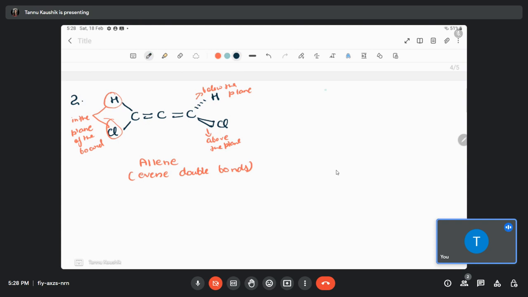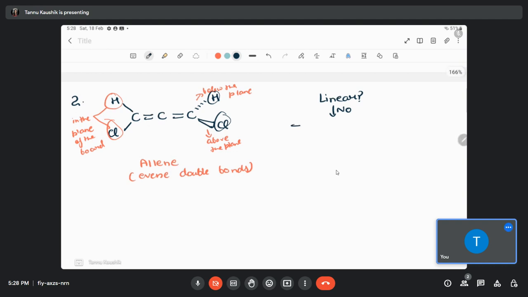So firstly, we will check whether the molecule is linear. No, the molecule is not linear because all the atoms, like these two atoms, this H and this Cl, are present out of plane. The molecule is clearly not linear. Then, do we have two or more C3 axes of rotation? We don't have any C3 axis of rotation in this molecule.